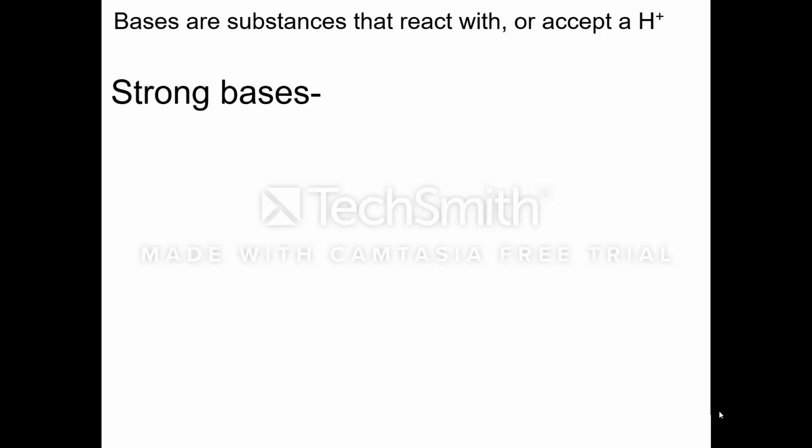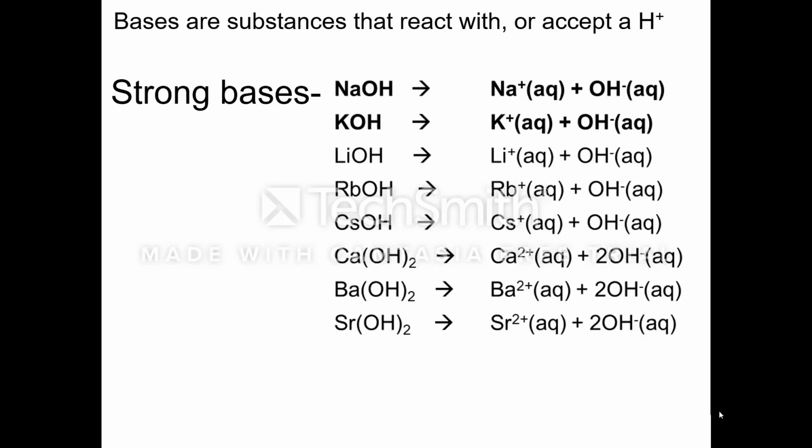In addition to acids, we have bases. A base is a substance that produces OH- ions in aqueous solution, or they accept an H+. Typically these can be recognized because the formula ends in OH.